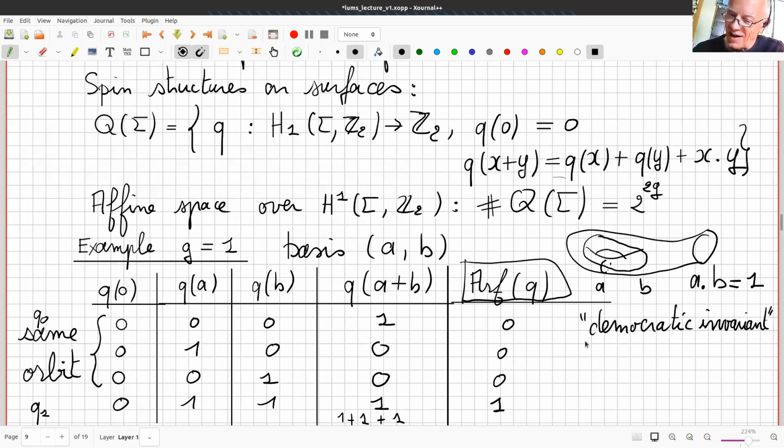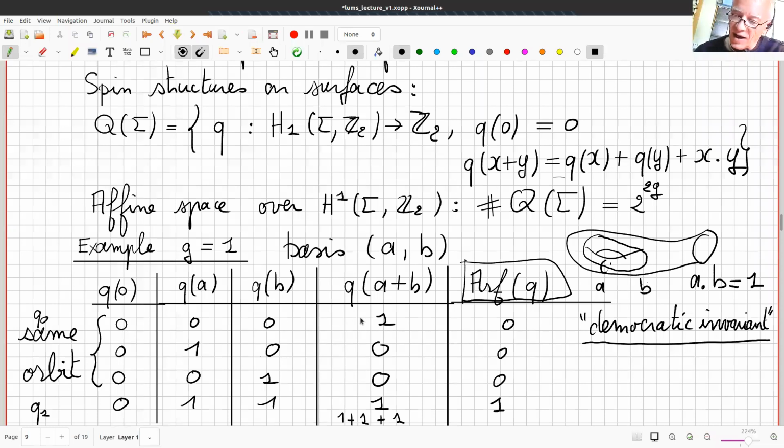I like to call it a democratic invariant. So here, this quadratic form Q0 takes the value 0 three times. In genus 1, the cardinality of H1 is 4. It's a Z/2 vector space of dimension 2, so you have 4 elements. And the image takes 3 times 0 and 1 time 1.